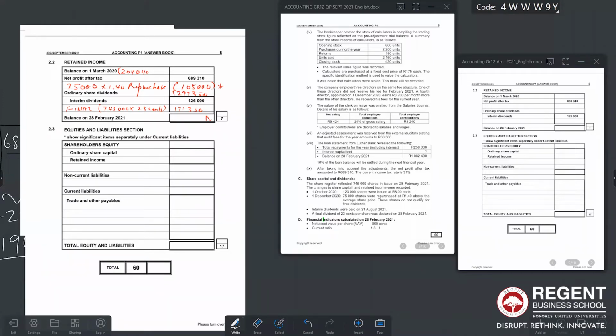So the balance at the beginning of the year would be plus the 105,000. Add the 105,000 to the 204,040. We're going to add to come back to the beginning of the year. And your answer should be, anyone? Yes, very good. 309,040. Well done.